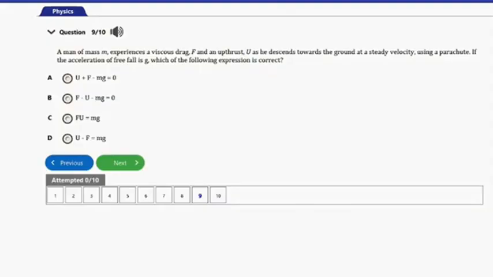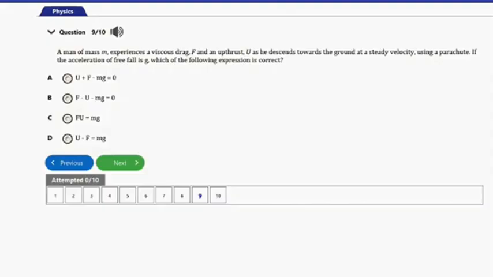If the acceleration of free fall is g, which of the following expressions is correct? So we have A, U plus F minus mg is equal to 0. B, F minus U minus mg is equal to 0. C, FU is equal to mg. D, U minus F is equal to mg.